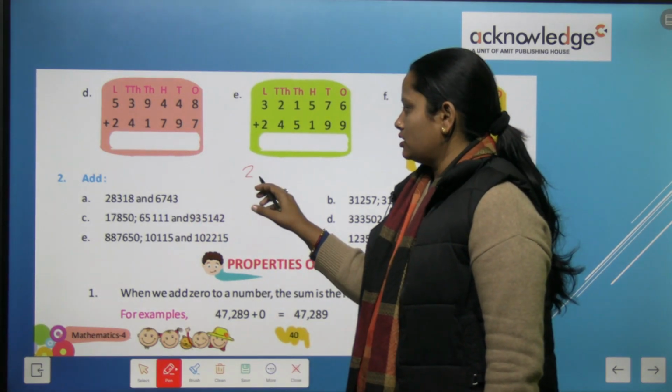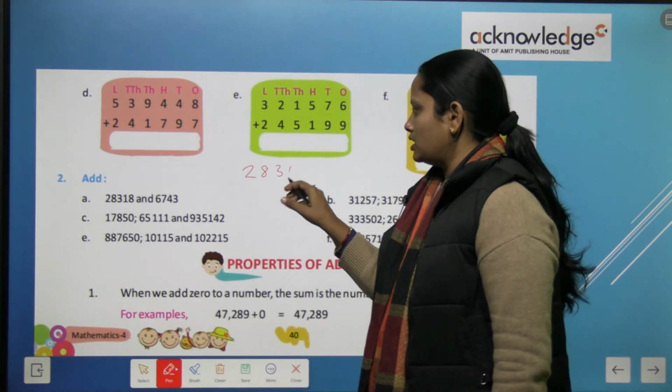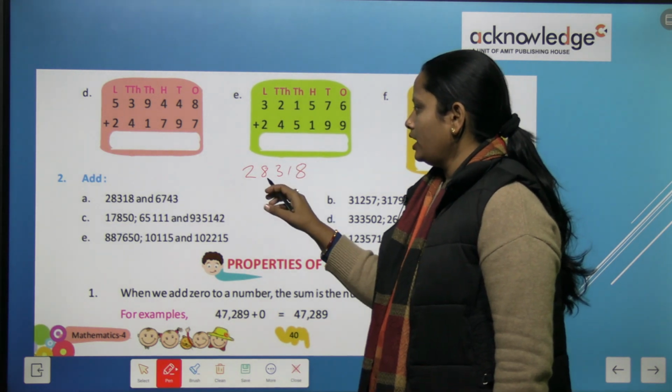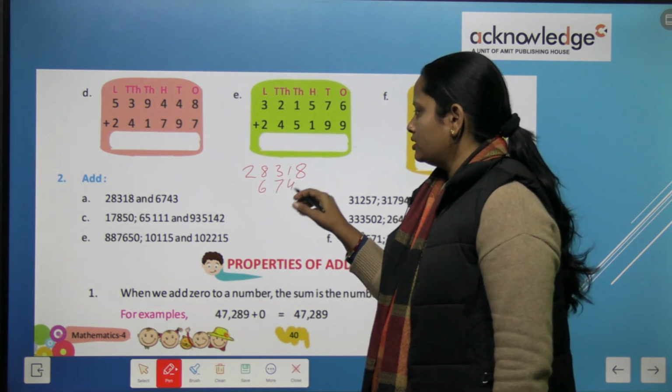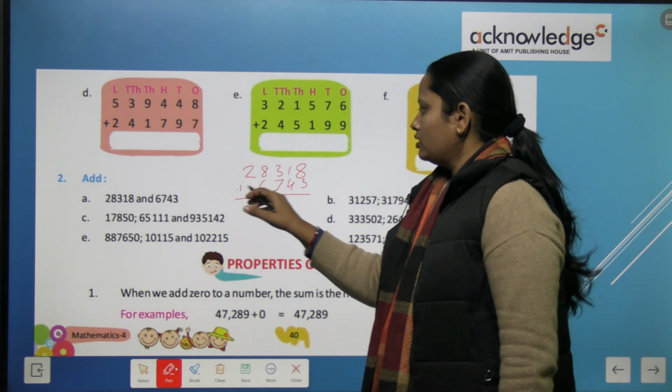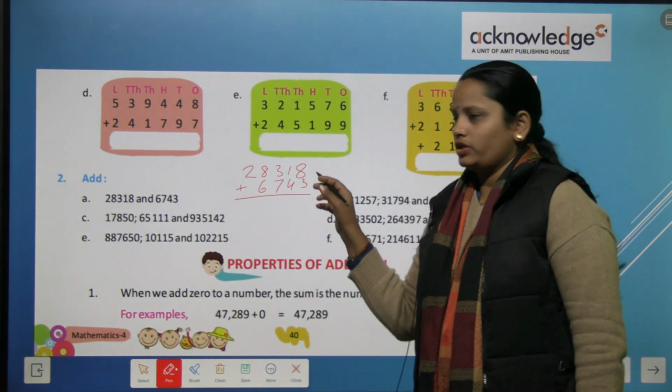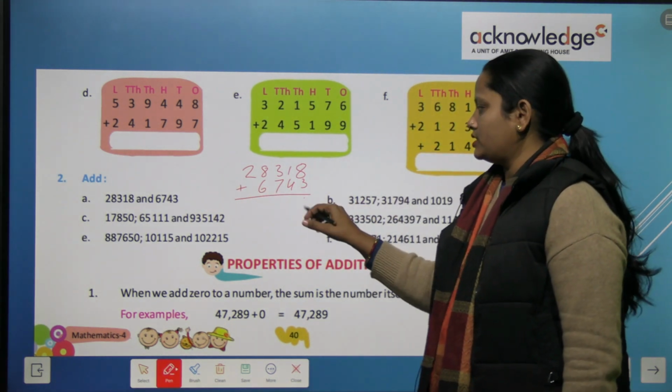So we have to write these numbers like this in our notebook and then we have to add them. So here 8 plus 3 is 11.